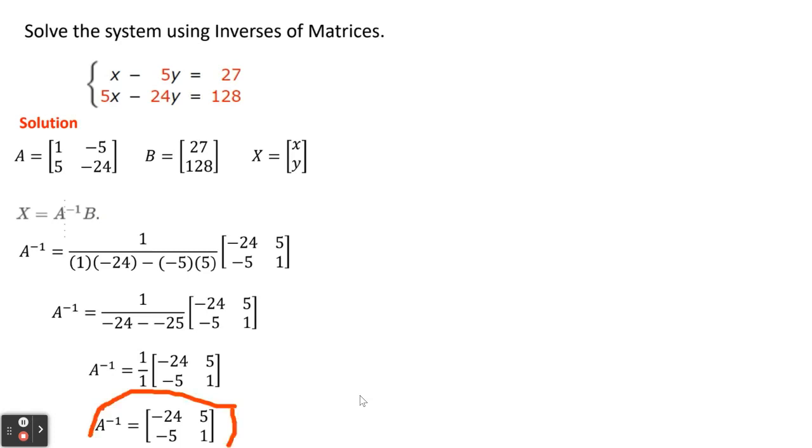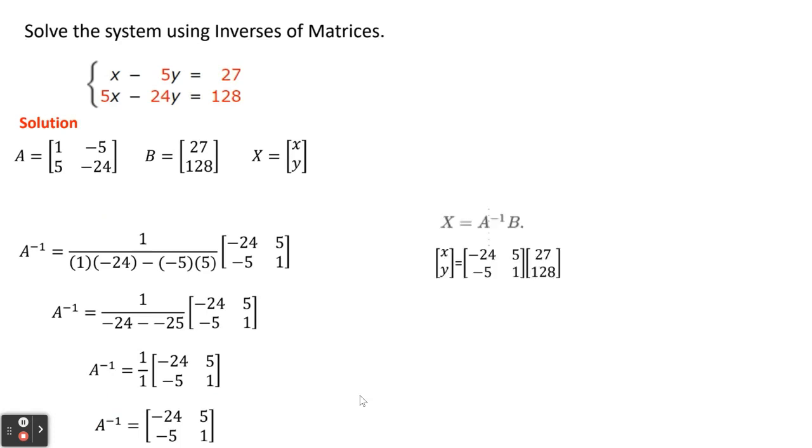Okay, so it seems like we finished the work already. But remember, we're not trying to find the inverse. We did find it because we need it, but our answer is going to be once we multiply. So we take our inverse times the B. So we're going to multiply negative 24 times 27 and 5 times 128.